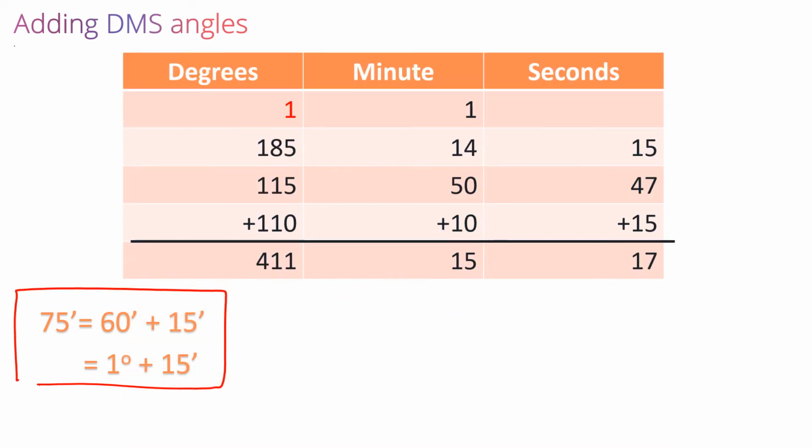So we write 15 here, having subtracted 60 from here, and we take this 1 degree to the next column.